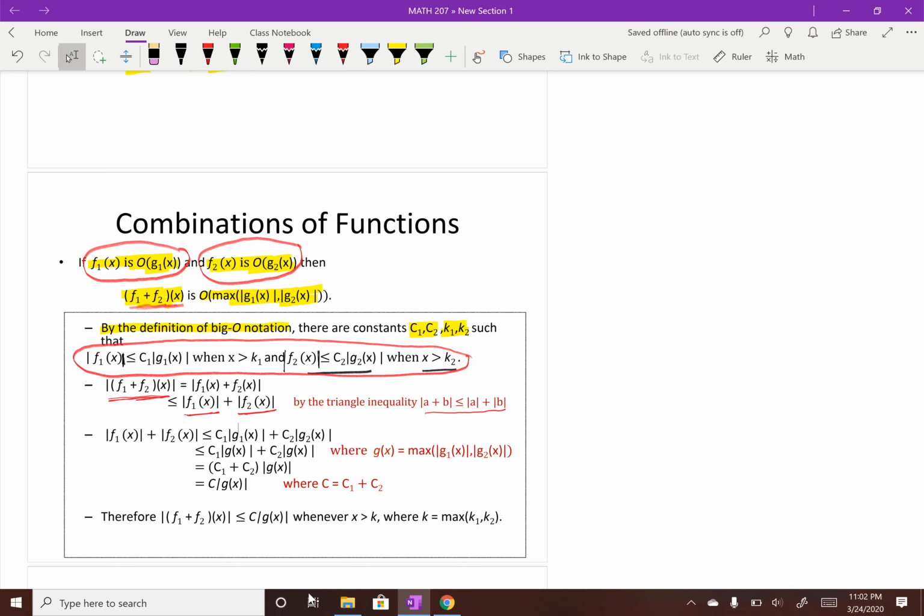Now I can apply the definition of big O notation for f1 and f2: this term is bounded by this term and that term is bounded by that term. So the overall sum is less than or equal to c1 times the absolute value of g1(x) plus c2 times the absolute value of g2(x). I have used equation 1 here.